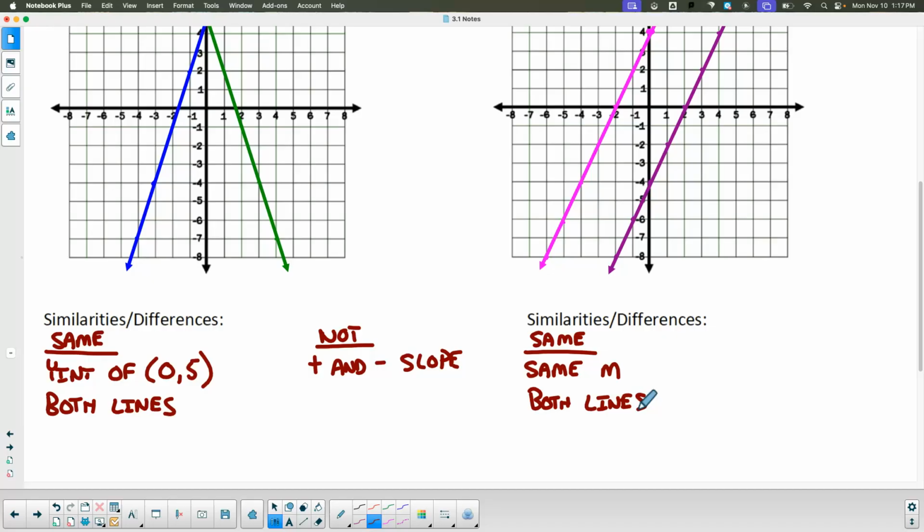Okay. Not the same. They have a positive and negative y-intercept. So they have just different y-intercepts. Oops. I don't know why I put parentheses around y-intercept.